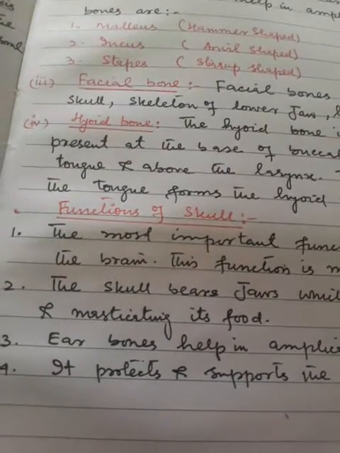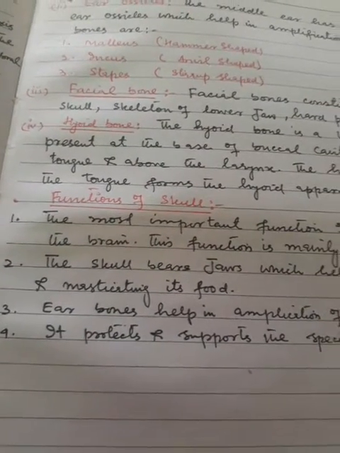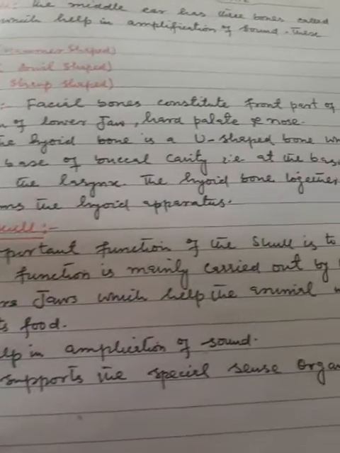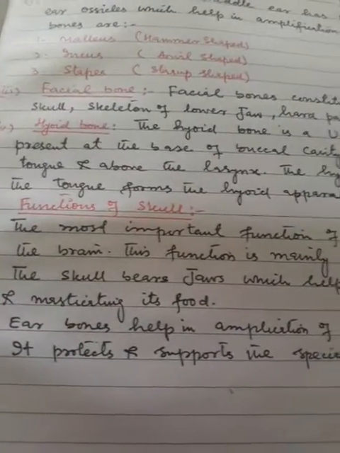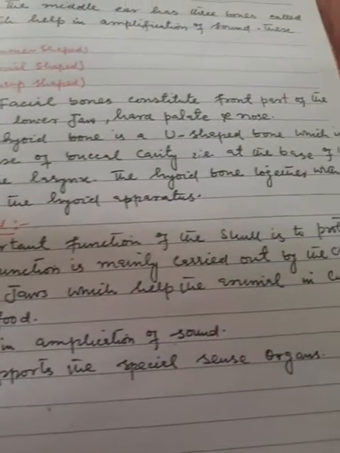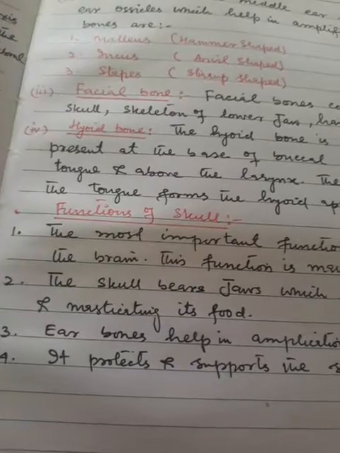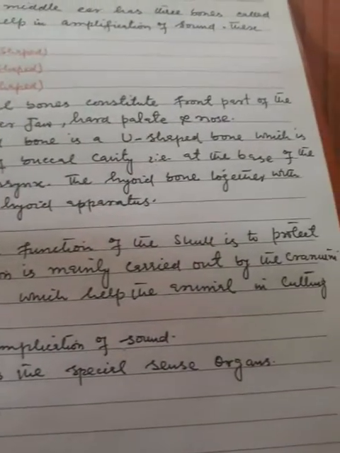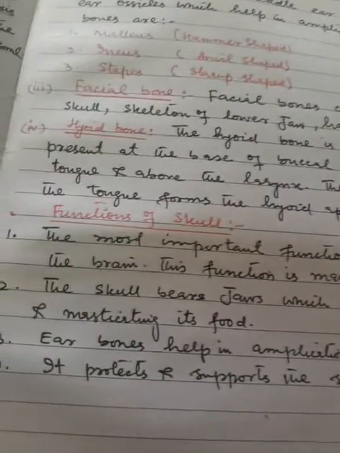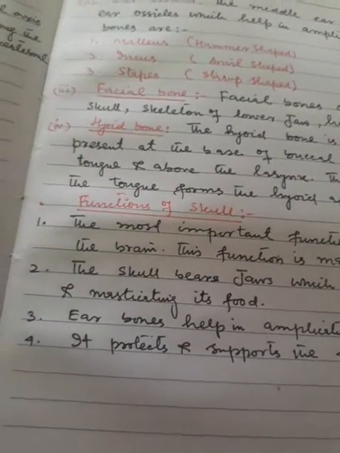Now, the functions of the skull. The most important function of the skull is to protect the brain. This function is mainly carried out by the cranium. Number 2, the skull bears jaws which help the animal in cutting and masticating its food.